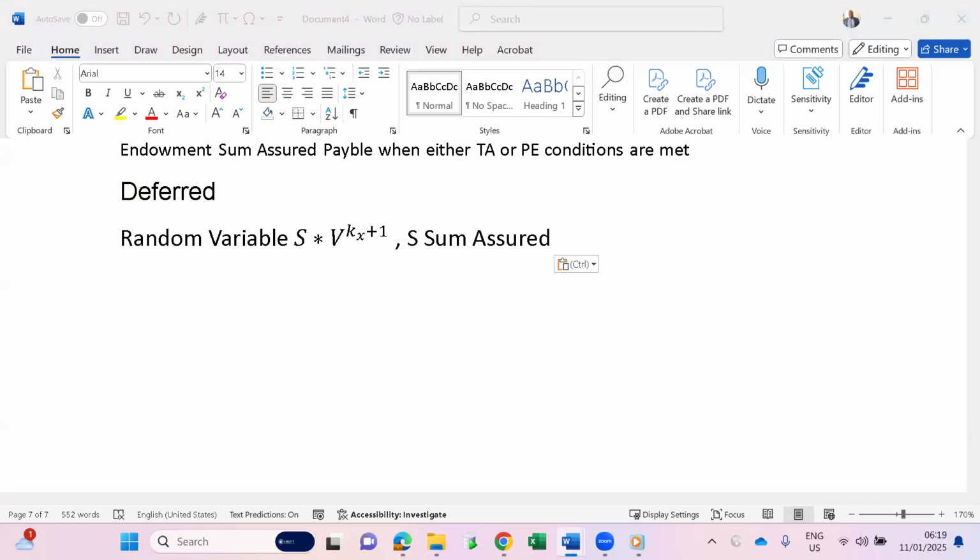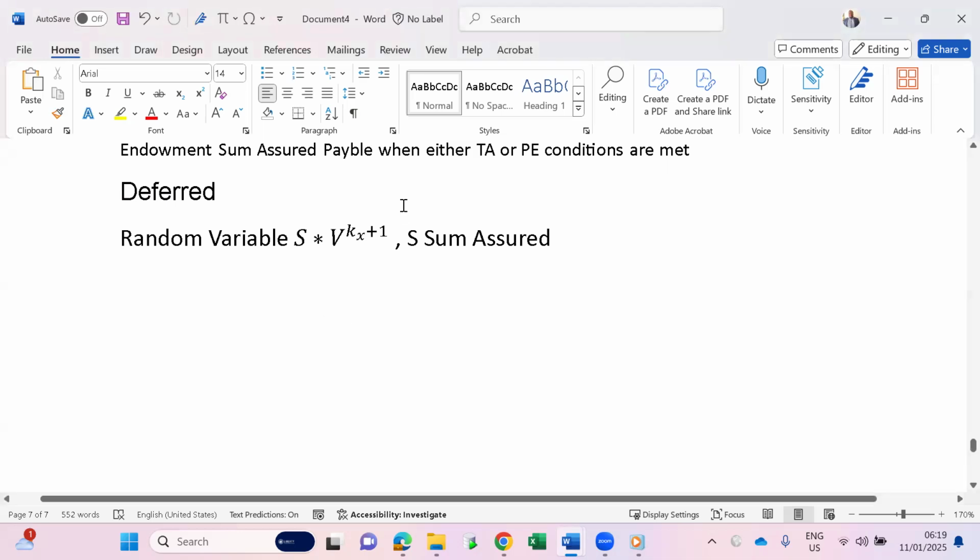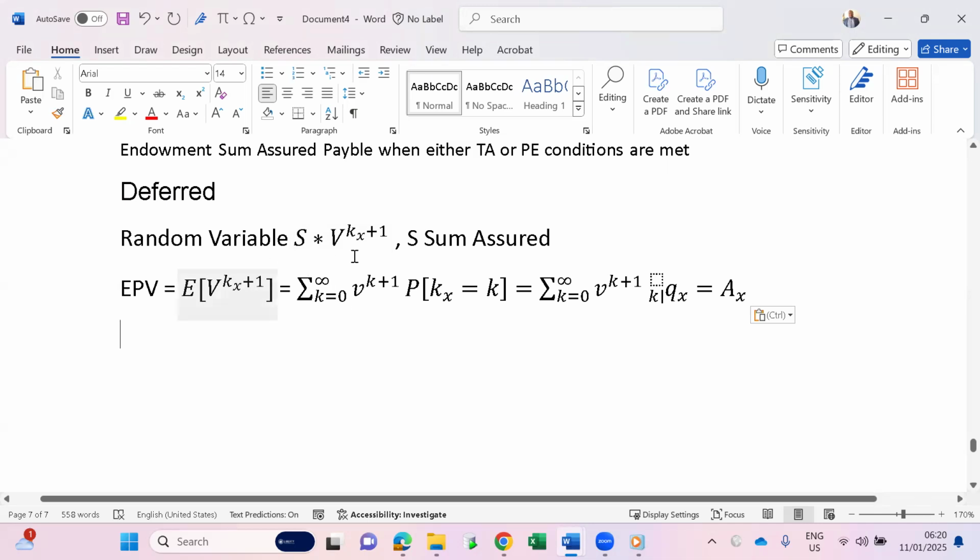So for the EPV we now need to multiply this by the probability for expectation. We multiply the random variable by the probability, and then we sum it over some range. So the expected value of this random variable is equal to this random variable multiplied by the probability over some range to infinity. We don't know when we're going to die.